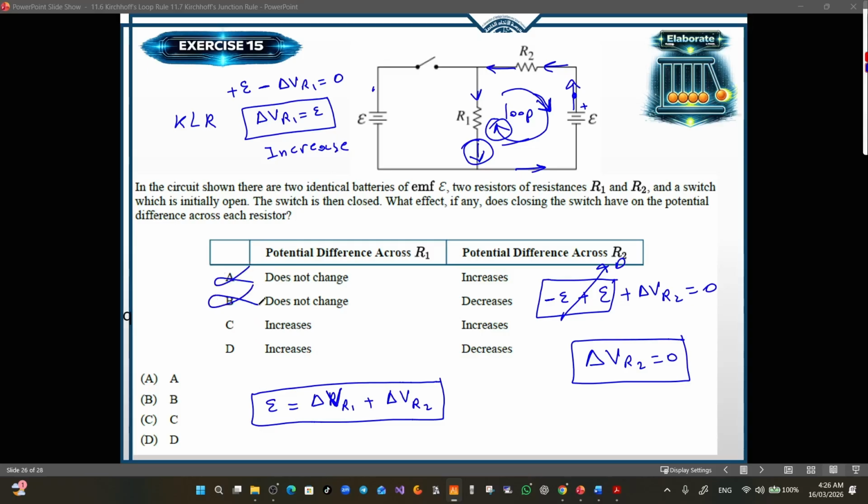So not A, not B. And for the delta VR2, previously when the switch was open, the delta VR2 was non-zero. After we close the switch, it becomes 0. So the delta VR2 has decreased. And the correct answer is D.